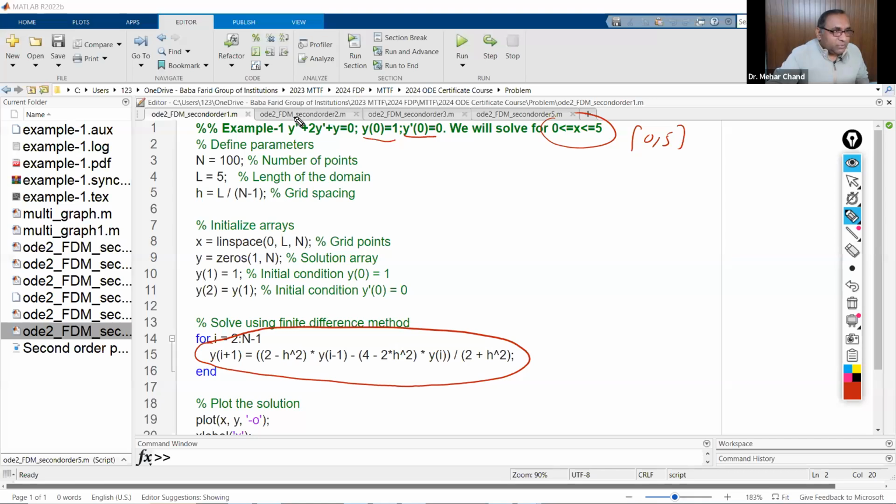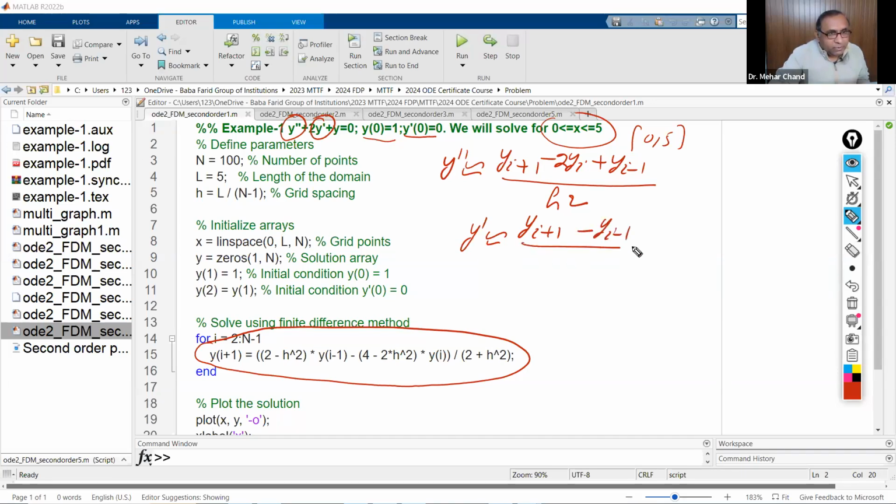First, we need y double dash, and y double dash will be equal to, as you know, yi plus 1 minus 2yi plus yi minus 1 upon h square, and then at this place we have y dash, and y dash will be equal to yi plus 1 minus yi minus 1 upon 2h.